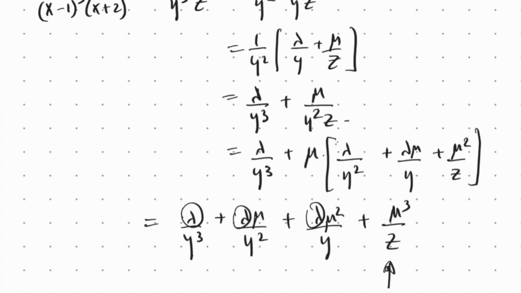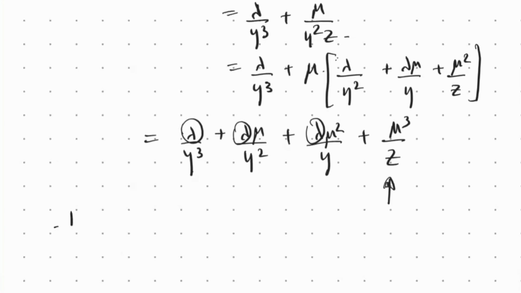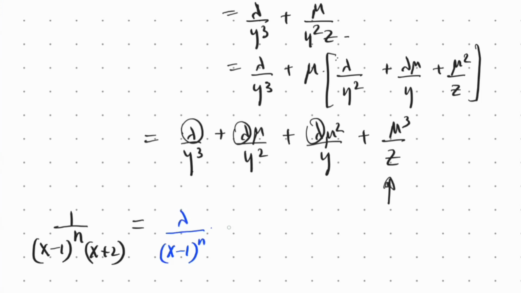Right? So try to come up with the form that you could get in this scenario. We can kind of guess what's going to happen. It's going to have an x minus 1 to the power n term, which has just a lambda up there.